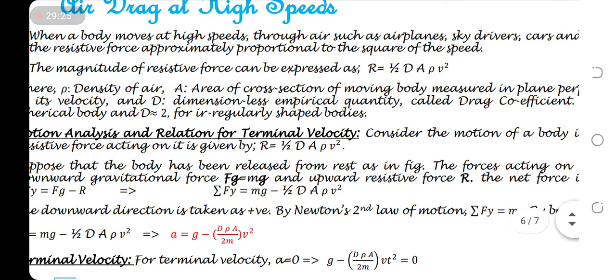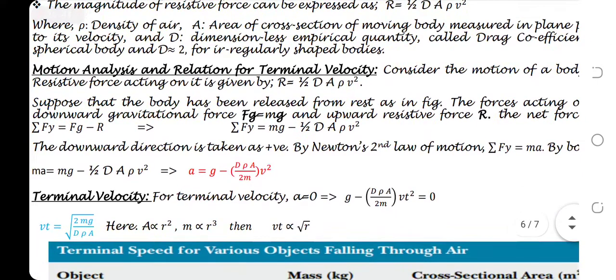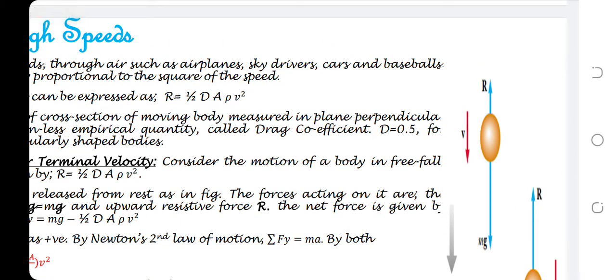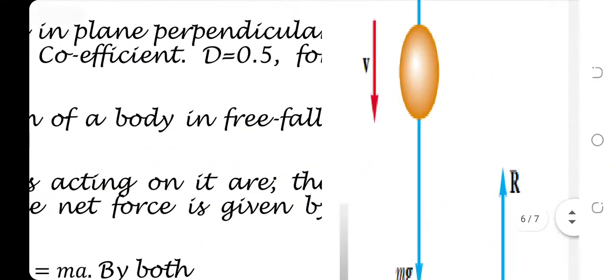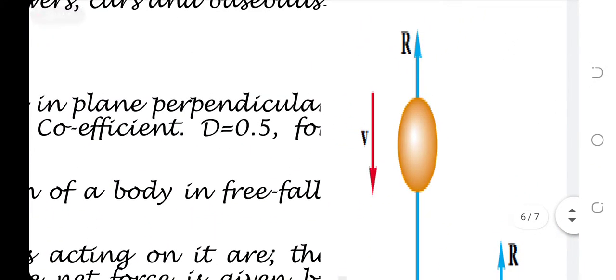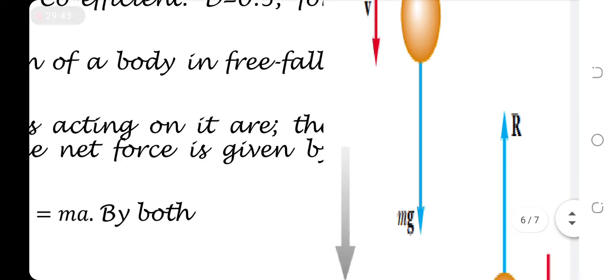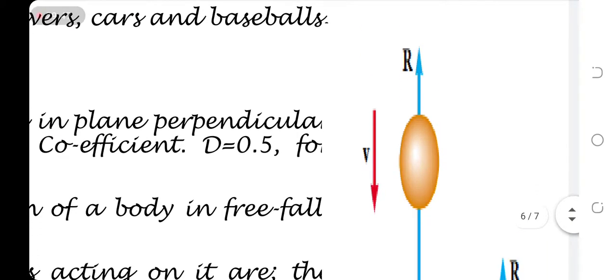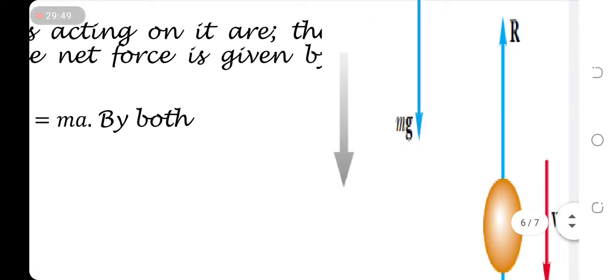Now we find the relation for the terminal velocity. A heavy body in the form of a sphere is falling down with velocity v due to weight mg, and the drag force, the resistive force, is acting in the upward direction.